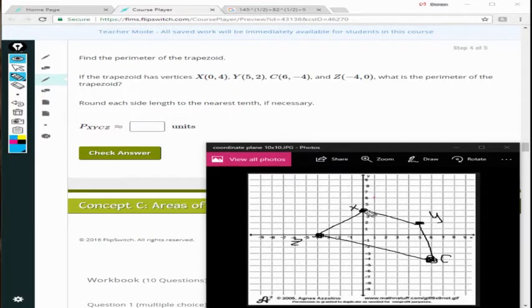So XY, I'm going to set up my horizontal distance and my vertical distance. Okay, so XY is going to equal the square root of the horizontal distance, which is 1, 2, 3, 4, 5. So that'll be 5 squared.